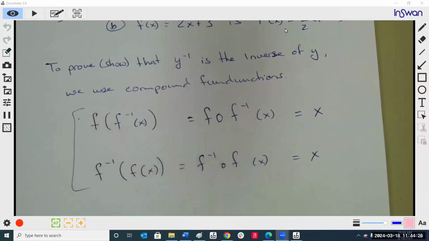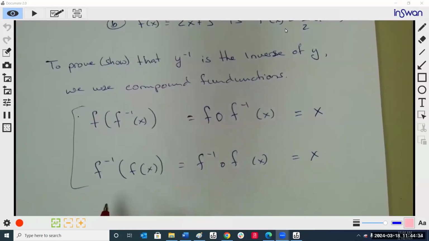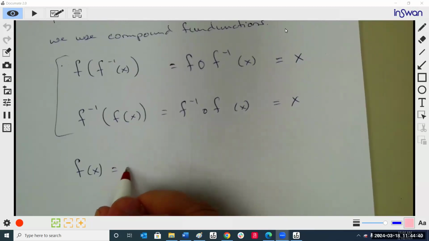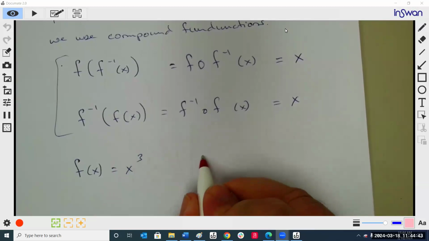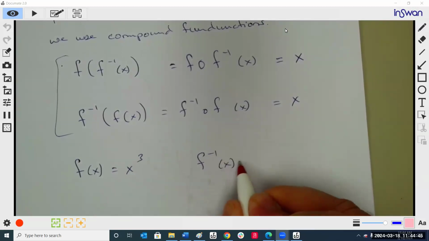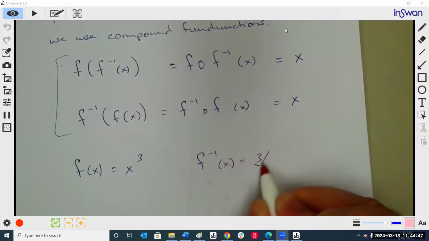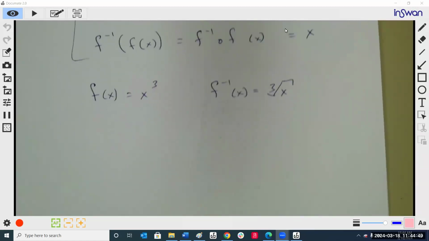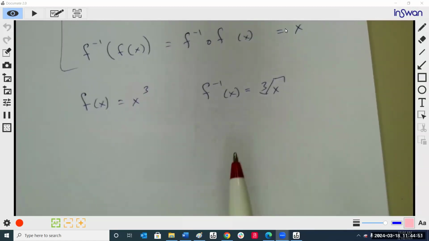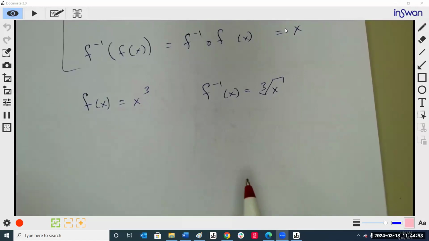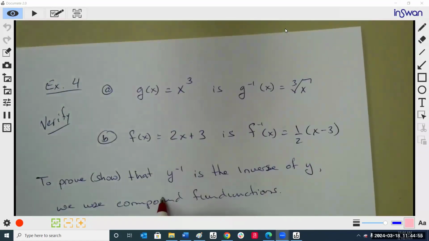Okay, now what does all this stuff mean? Remember doing composite functions? F of g, g of f? That's what we're doing here. So f of x is x cubed. F inverse of x is cube root of x. Do the composite function of both of those.